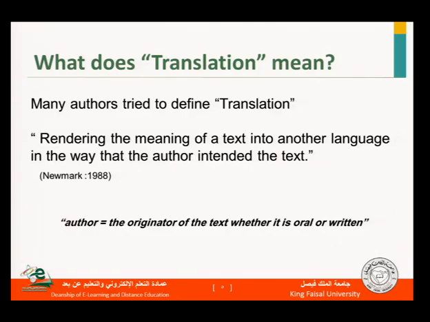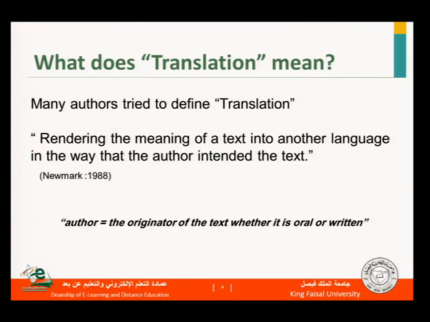But basically, this is what we call translation according to Newmark. لما أقول لك according to يعني بالنسبة لمين؟ لنيومارك. كما قال نيومارك. أوكي. author عند نيومارك شو هو؟ هو مش author يعني مؤلف كتاب، هو author قصده the originator of the text, whether it is oral or written. يعني قائل أو منشئ أو منتج أو عامل ذلك النص، مهما كان هذا النص oral or written، إما لو كان منطوقا أو مكتوبا. Okay, so this is the first definition of translation.